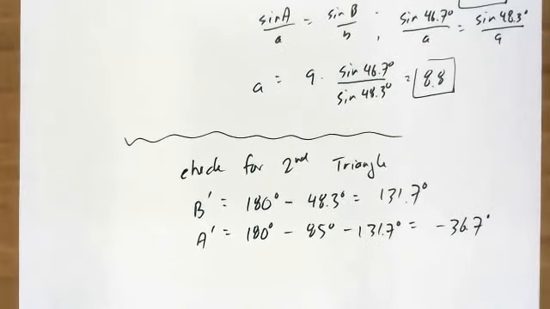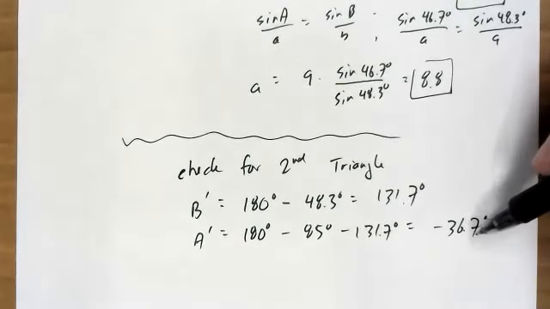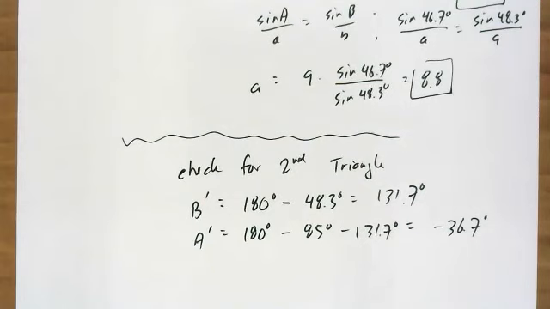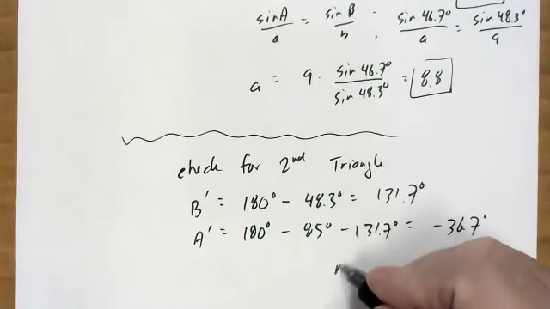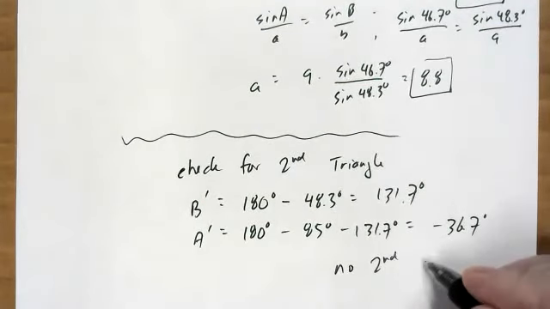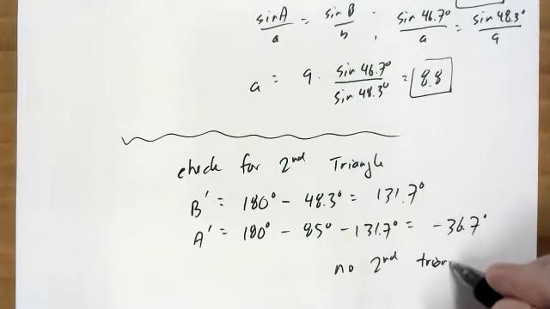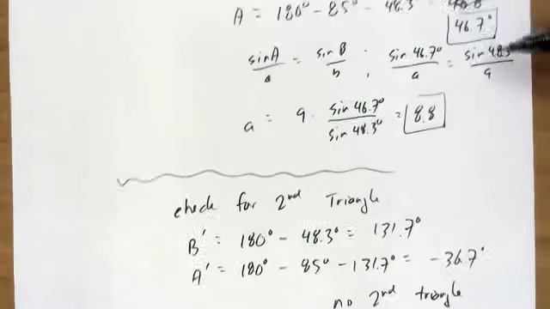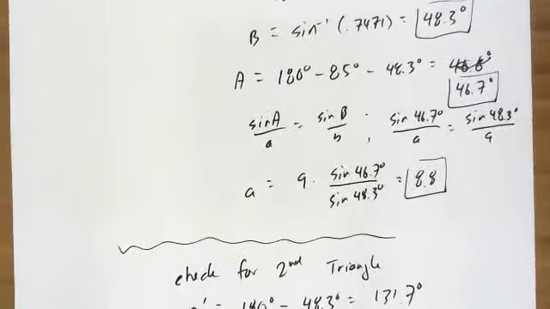All right, for triangles, we can't have a negative angle. So at this point, I say there is no second triangle. So there is only one triangle.